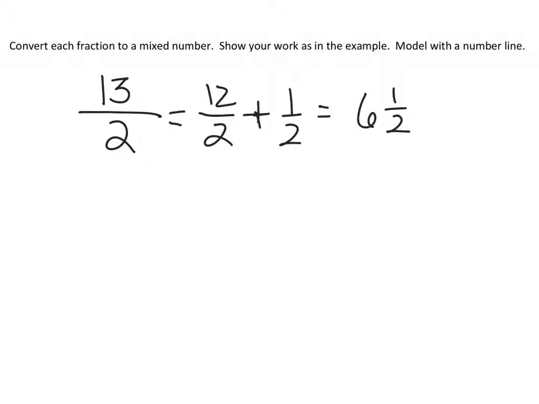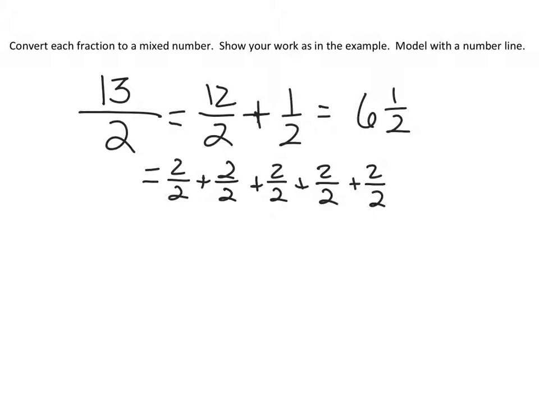Another way we can do it is keep showing 2 halves. 2 halves plus 2 halves would give us 4 halves. Not close. Another 2 halves, still not close. Another 2 halves would give us 8 halves. We're getting a little bit closer. 2 halves would give us 10 halves. Still close.